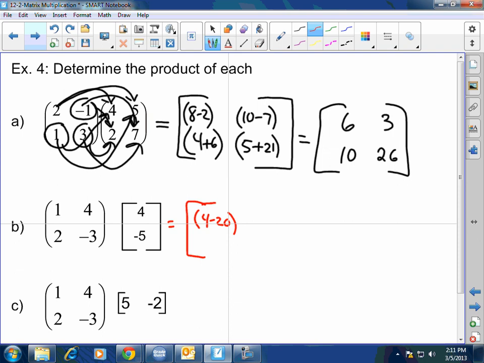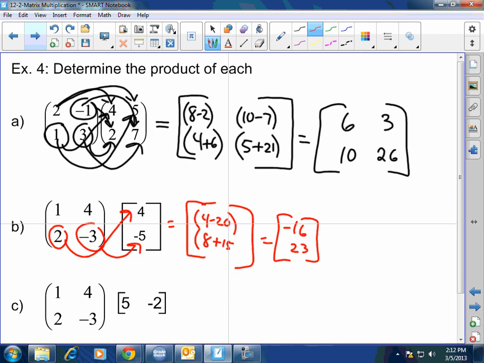Then 2 times 4, right? And then negative 3 times negative 5, which is 15. So I'm going to have negative 16 and 23. You with me?